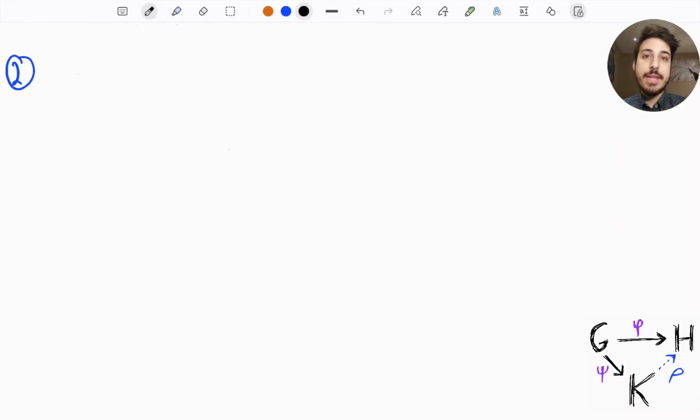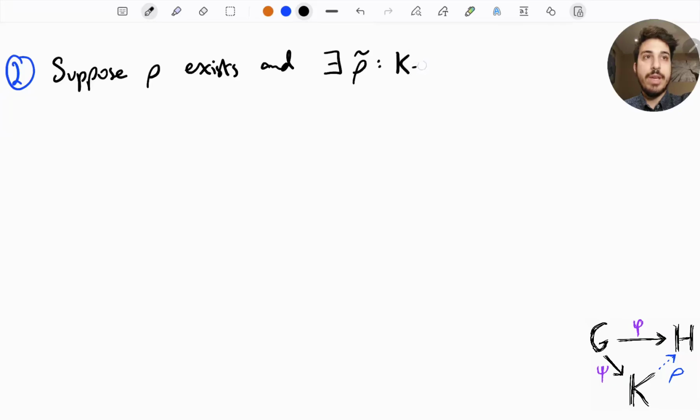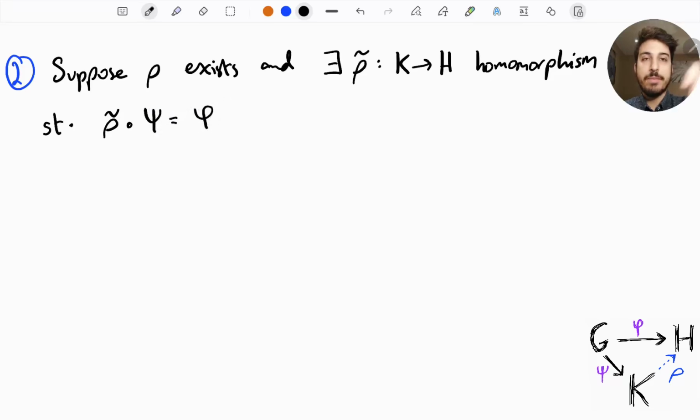The second part says that if rho, the homomorphism, exists, then it has to be unique. That means if there is another map with the same functionality as rho, call it rho tilde, then rho is equal to rho tilde. Suppose rho exists and there exists a rho tilde going from K to H, another homomorphism, such that rho tilde composed with psi is equal to phi.